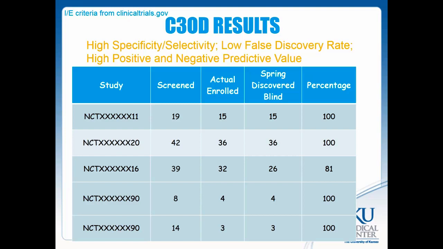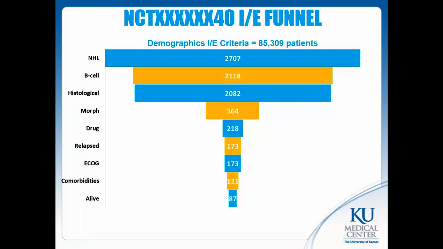Those were very simple criteria, such as tumor size: if the inclusion criteria said the tumor size had to be 2 centimeters or so, even though their tumor was a little more than 2 centimeters, the PI let the patient be enrolled onto the study.